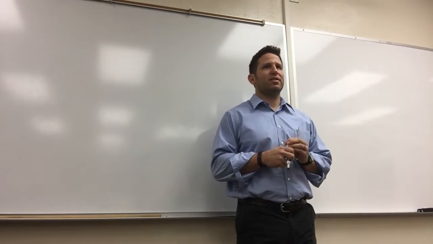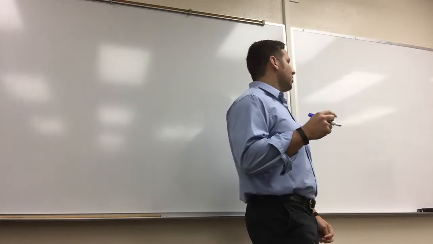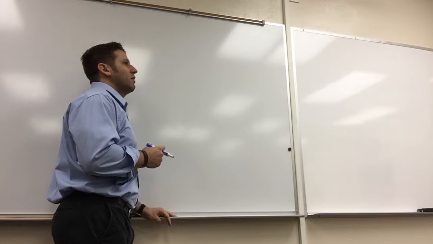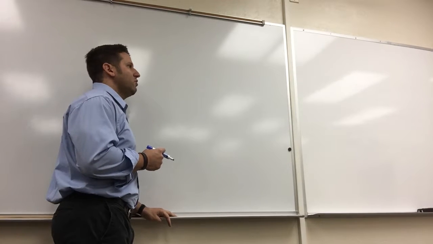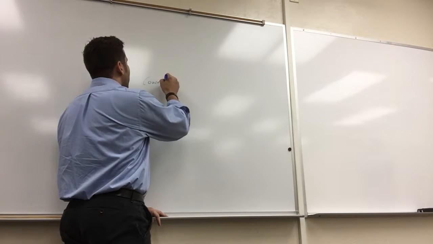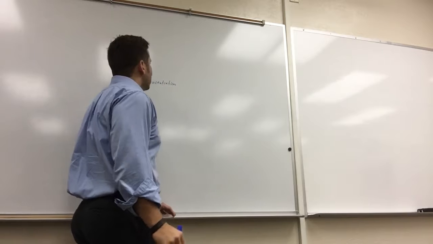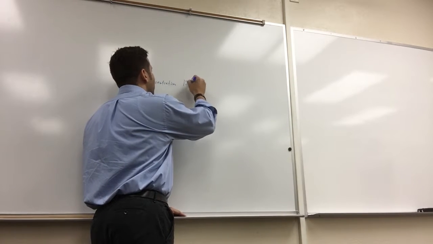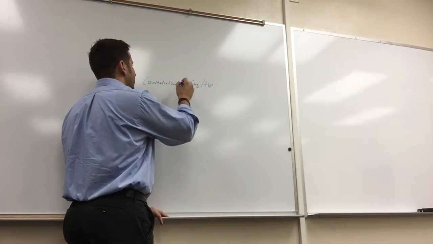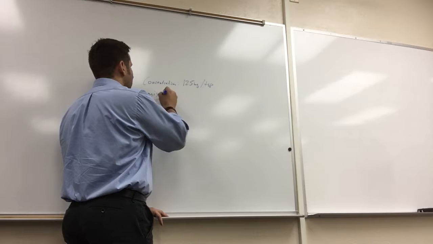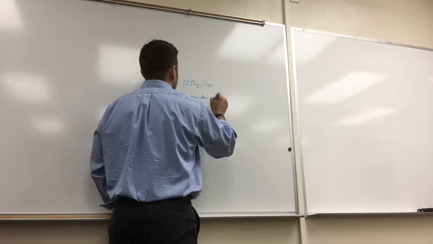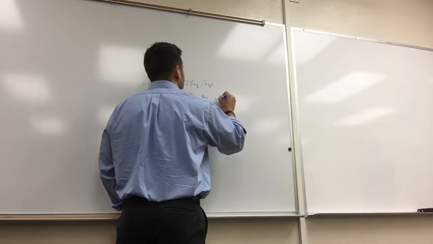Yeah, on the exam. One that came up was a concentration. I think it was 125 milligrams per teaspoon, and 6 grams of powder, and a volume of 21.8 mLs.